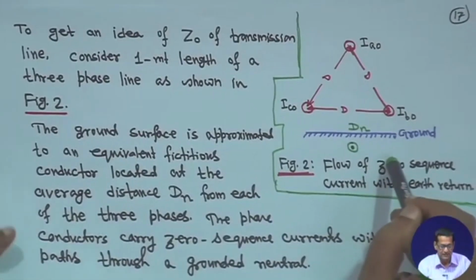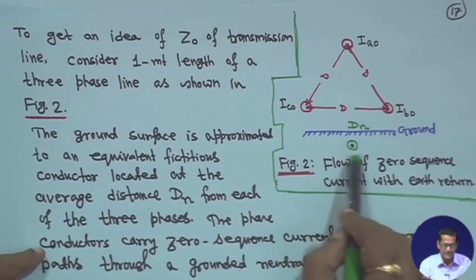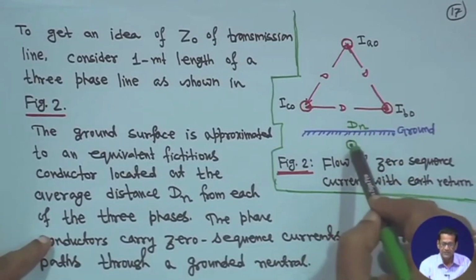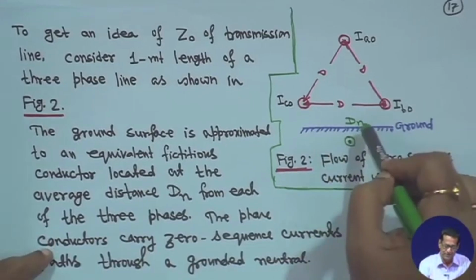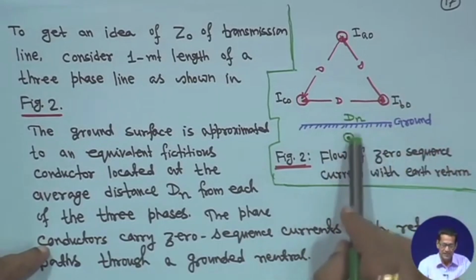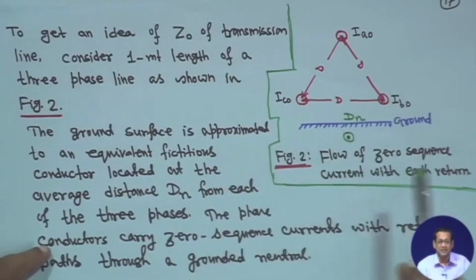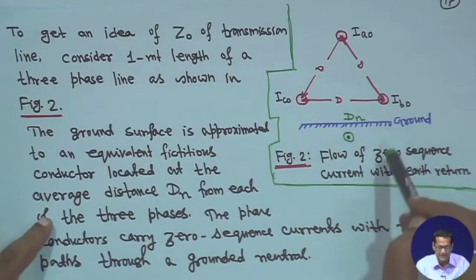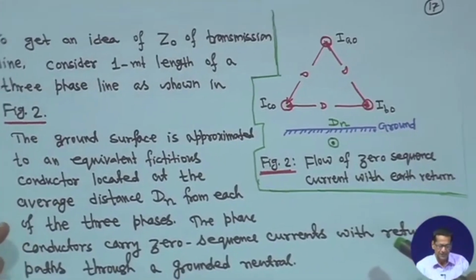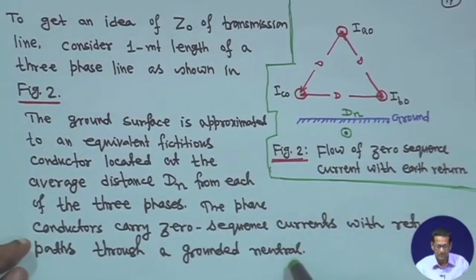The ground surface is approximated as an equivalent fictitious conductor located at an average distance dN from each of the 3 phases. Actually, I have shown dN very close; I should have shown it a little bit away. Anyway, this is an assumption: the phase conductors carry zero sequence current with the return path through a grounded neutral.